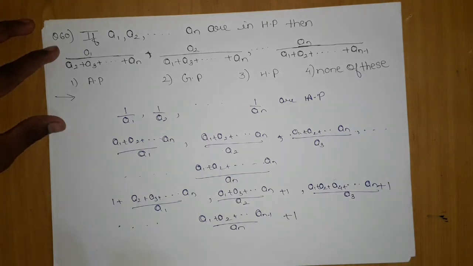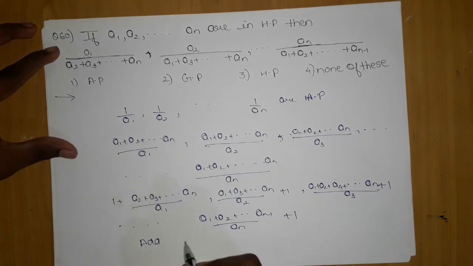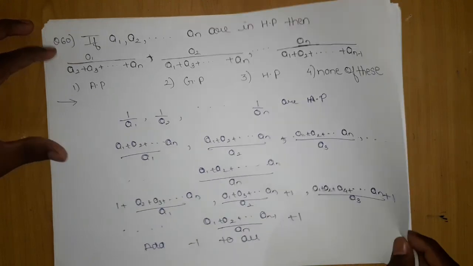Now we will add minus 1 to all. We can add or multiply with any constant number, it will still be an AP.